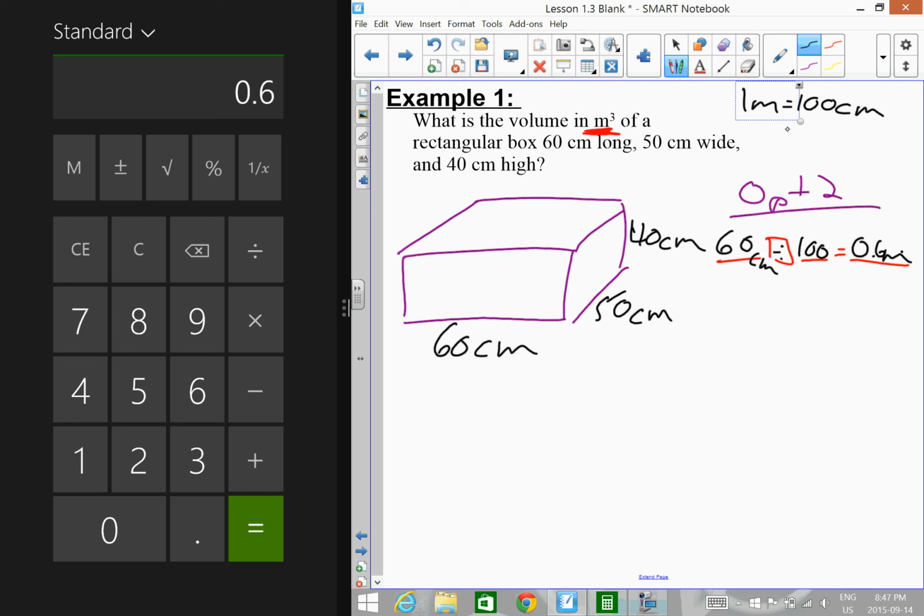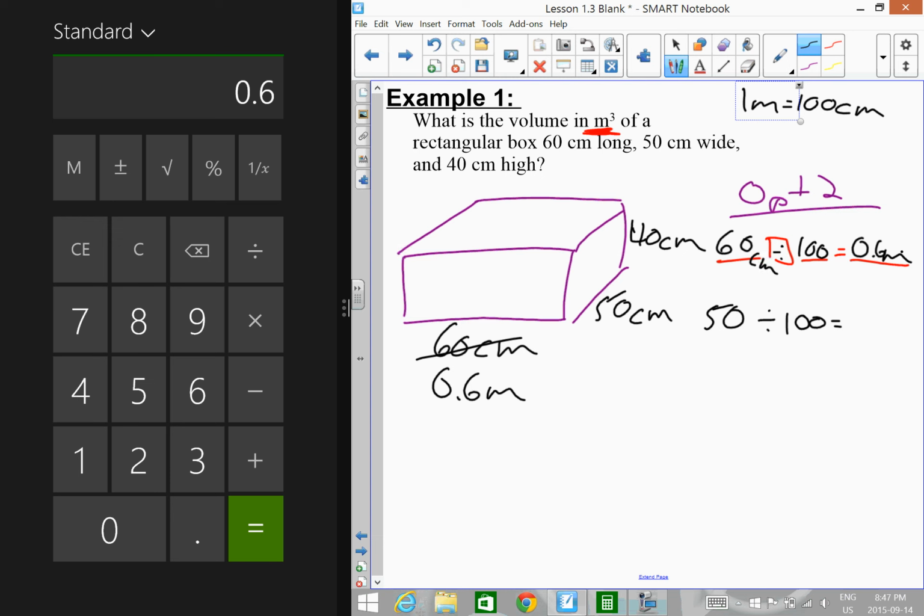All right, so I'm going to cross this out. It's still 60 centimeters, but we're not using that. We're going to use 0.6 meters. So the next one, for the 50 centimeters, all my units are the same, so my equation is the same. I'm just using a different starting number.